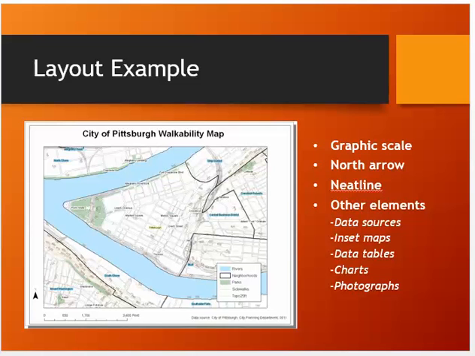You can add tables, charts, graphic images. When you're working in a layout view in ArcMap, think of it as a virtual piece of paper. You can move elements around the page and develop your map, your layout, right there on that virtual piece of paper.